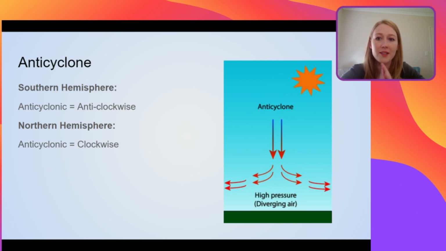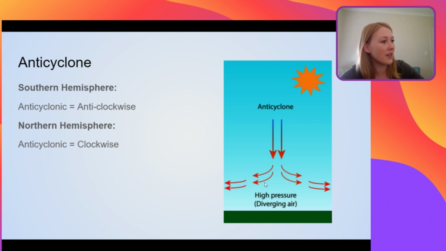Then anticyclones are the opposite in every way. Oh, sorry, in the southern hemisphere they move anti-clockwise, and in the northern hemisphere they move clockwise. So in an anticyclone, we have air that is sinking.